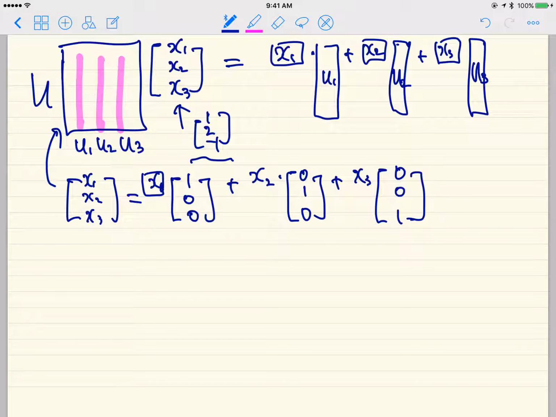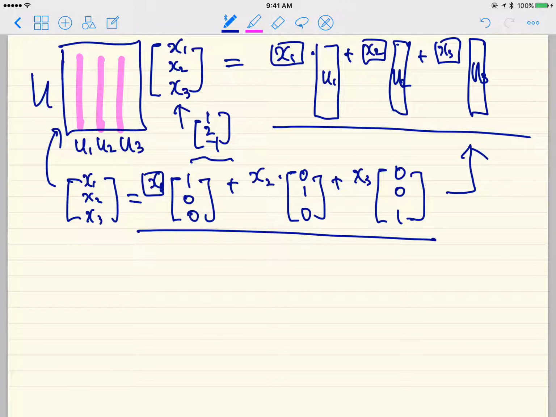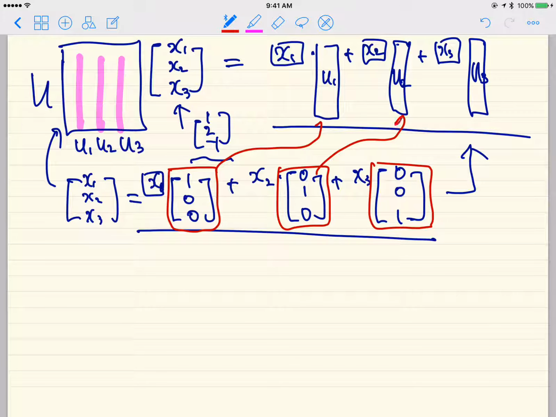So it's quite obvious, right? And let's compare this representation with this representation. Then you will easily see that this unit vector in the three-dimensional case became this five-dimensional vector that are also normal to each other, right?